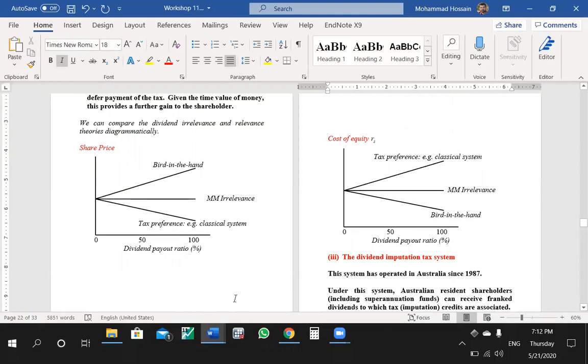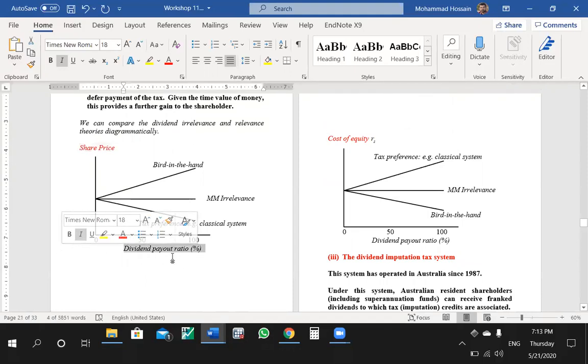Now look, when your dividend payout ratio increases, it means how much dividend you are paying increases. What happens? Share price will be increasing. But Miller-Modigliani irrelevance theory says no, share price will remain the same.